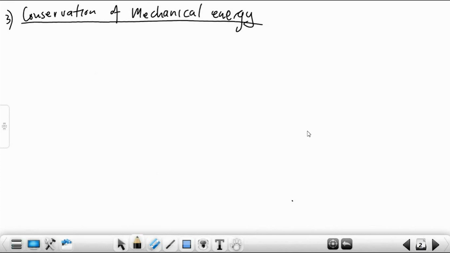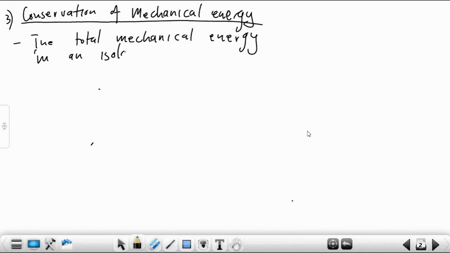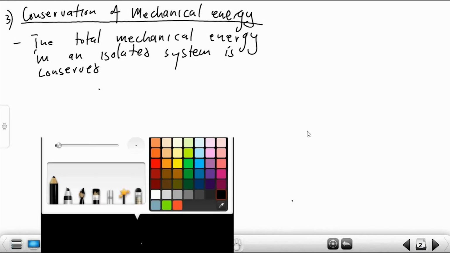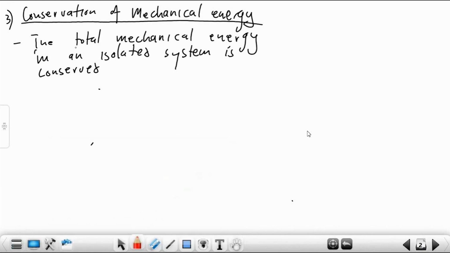Now, with conservation of mechanical energy, it says the total mechanical energy in an isolated system is conserved. So there are keywords that one will be looking for: total mechanical energy, isolated system, conserved.